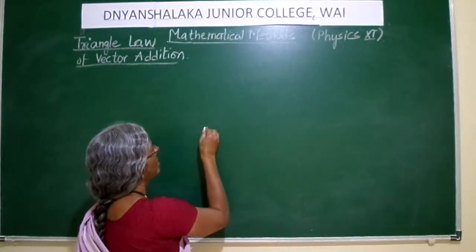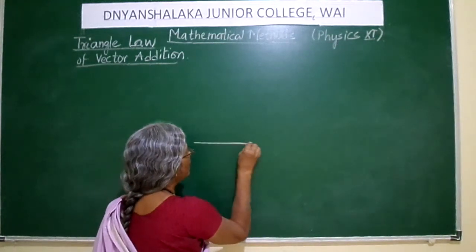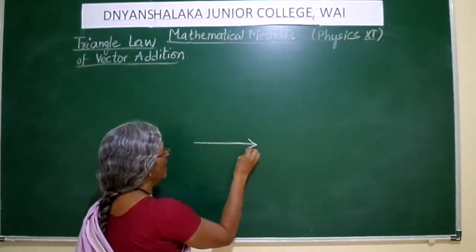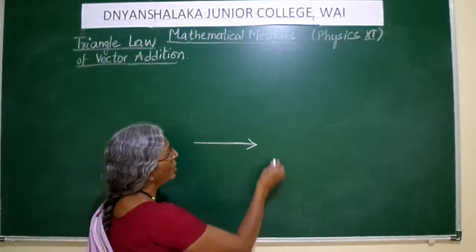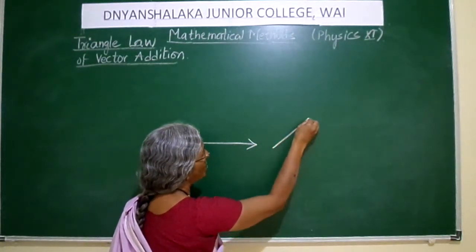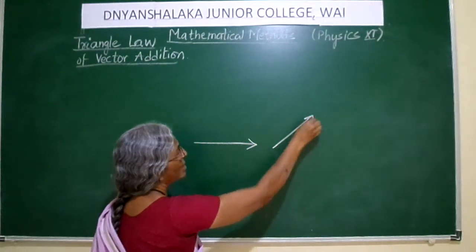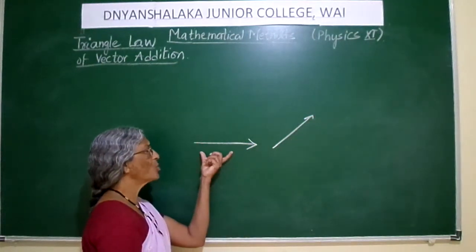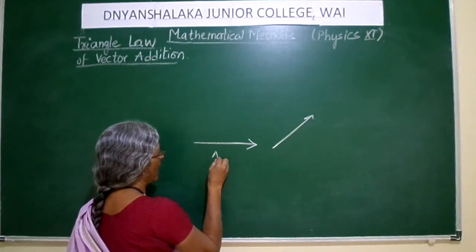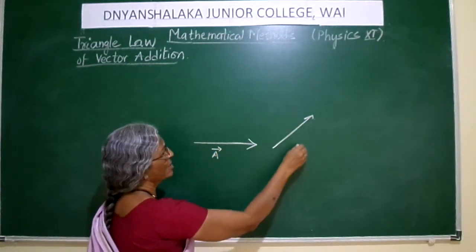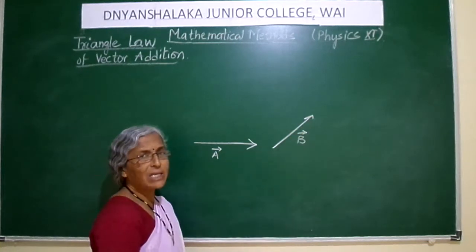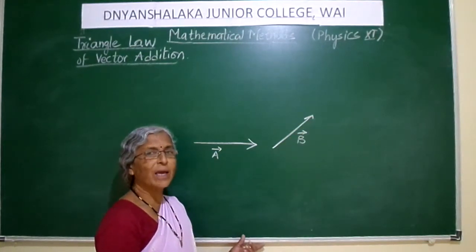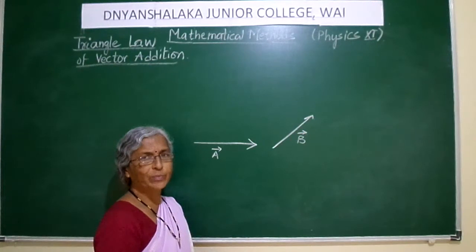two vectors which are neither in the same direction nor in opposite direction. Say I have two vectors. This is vector A and this is vector B. These are two vectors of the same physical quantity.